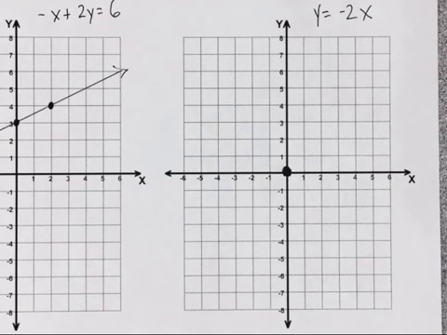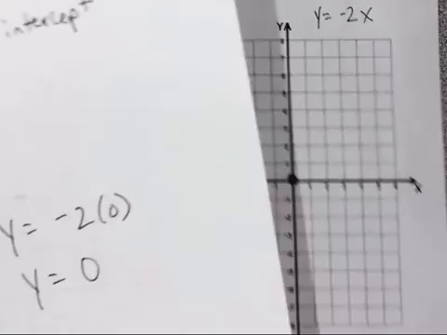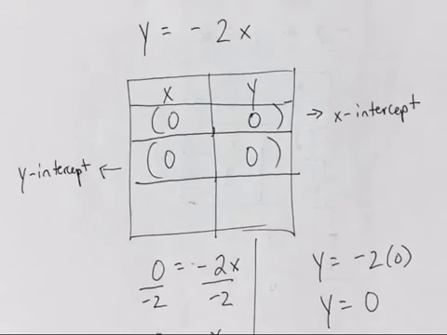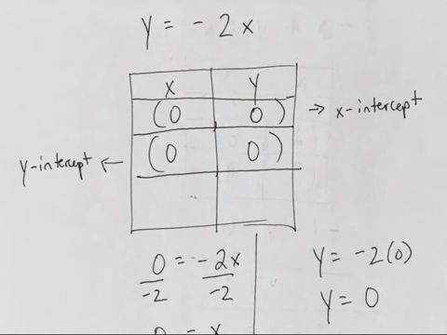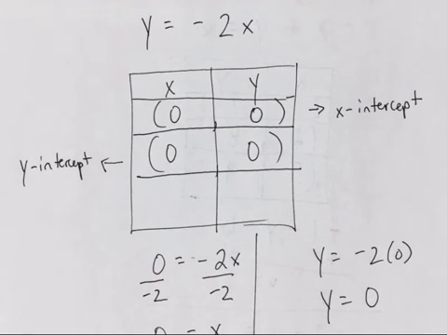So obviously I cannot graph a line with just one point. So let's go back to our table, find at least one more point. And notice that this equation is solved for y, so it makes it really convenient if I just plug in numbers for x here. I can then find the corresponding y coordinate pretty easily. So I'm going to try to make this easy.